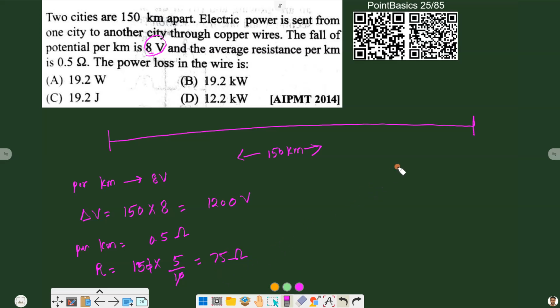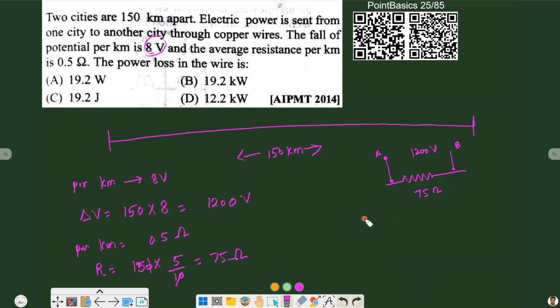So it's like we are having a resistance of 75 ohm, and the potential across it between point A and B is 1200 volts. Now how will we find the value of power across this resistance?